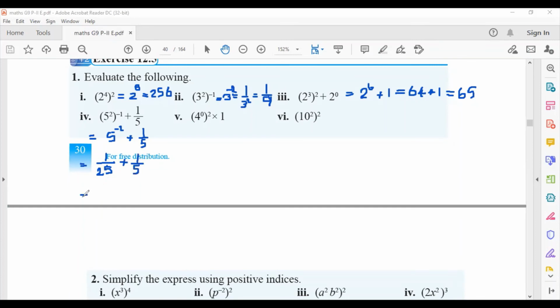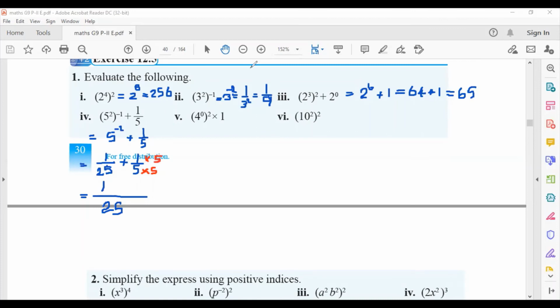Then you have to take the common denominator as 25. So you should multiply this one by 5. According to equivalent fraction knowledge, you should multiply the numerator as well by 5 if you are multiplying the denominator by 5.